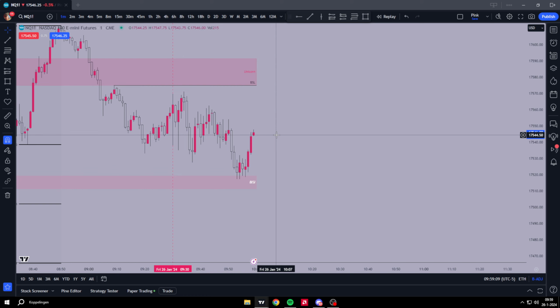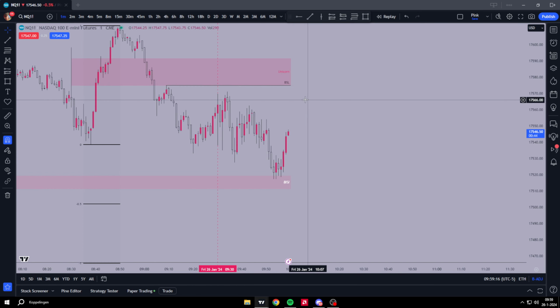Ten a.m. Judas, I don't know, maybe turtle soup these lows and then head up again. This is buy side, that's where we want to go. Yes, it looks like a really clear accumulation, manipulation, distribution.